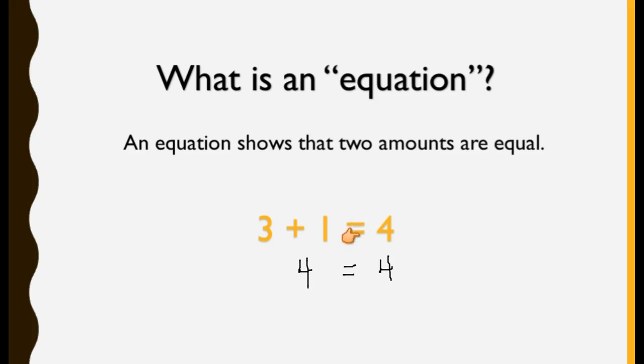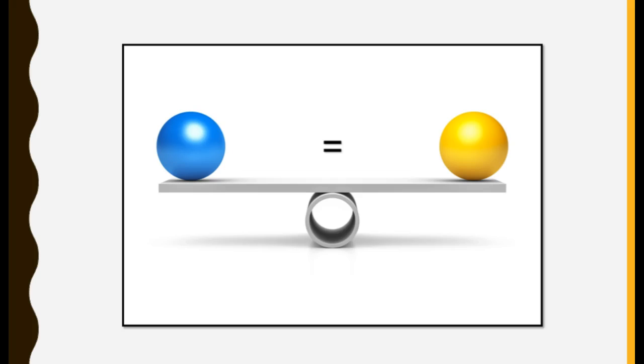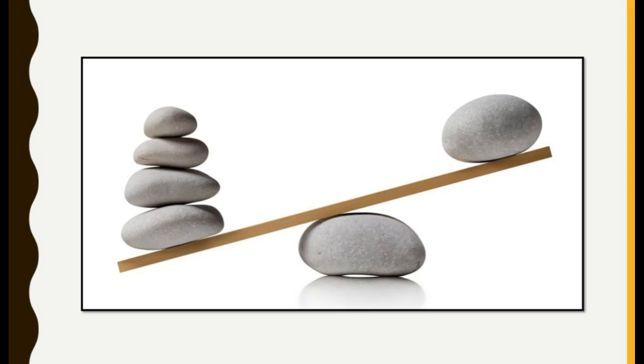What's important is this equal sign is kind of like a balance, and you want both sides to be equal. So you can see in this balance that whatever's on this side of the equal sign is equal to this side because it's even. It doesn't tip in one direction or another. And that is what an equation is.